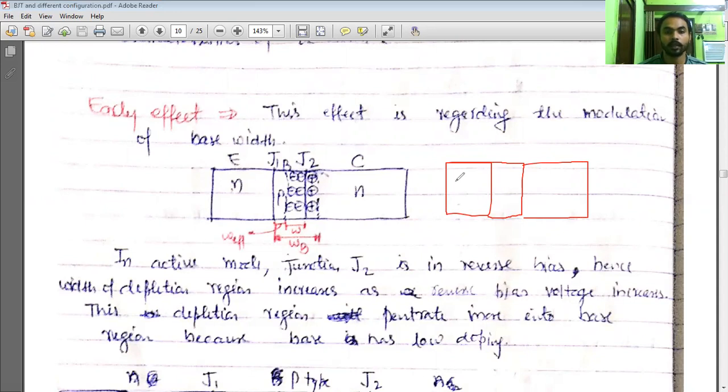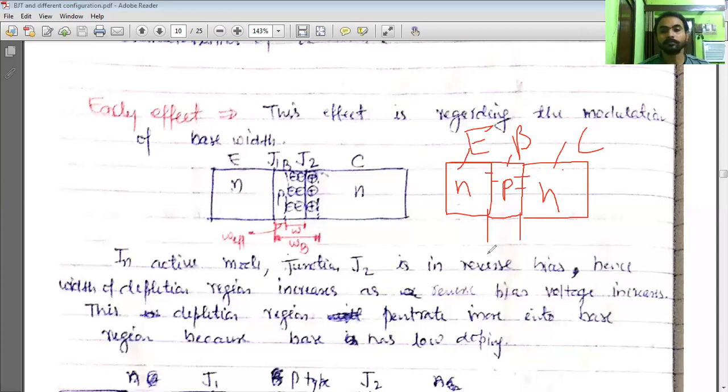I have this N type, this is P type, and this is the NPN transistor we have. This is the emitter, this is the collector, and this is the base. This is your base width. This is junction J1 and this is junction J2.